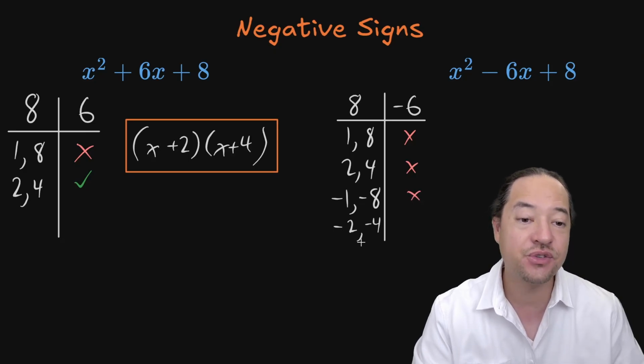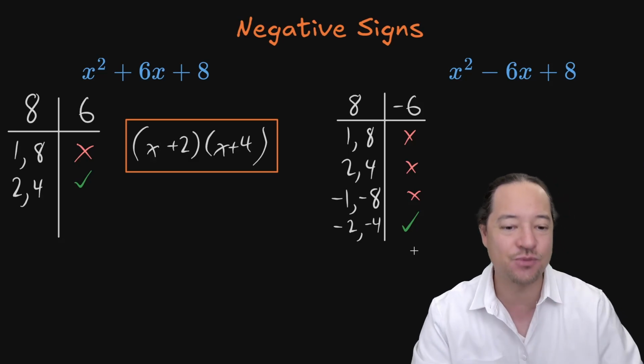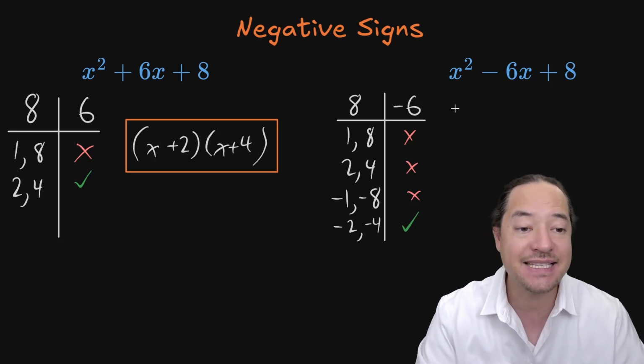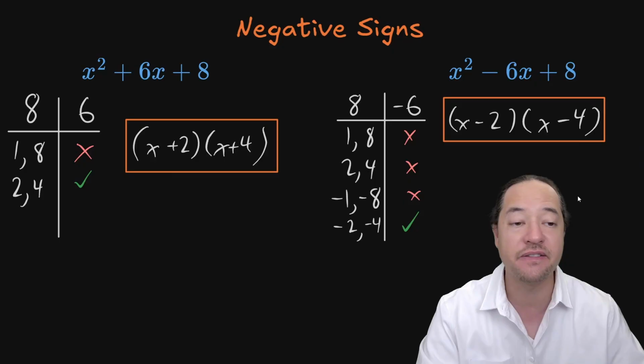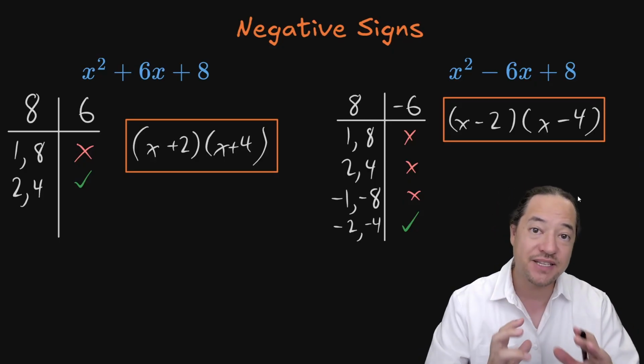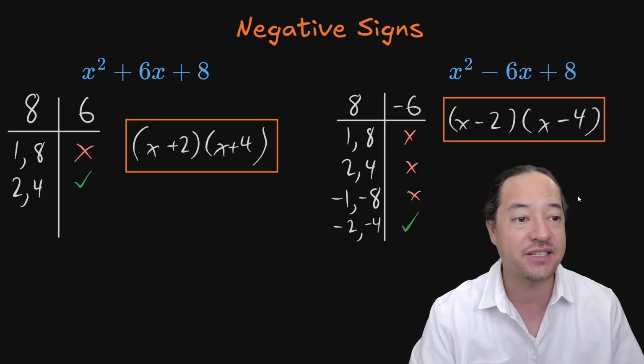But negative 2 plus negative 4 will give us negative 6. This is what we want. So that's telling us that our factors here should be x minus 2 times x minus 4. And that's actually going to be our final answer here. If you multiply these together, you FOIL them, you should get back x squared minus 6x plus 8.